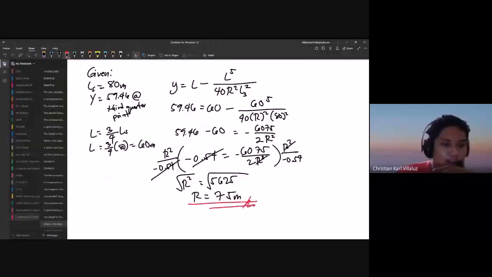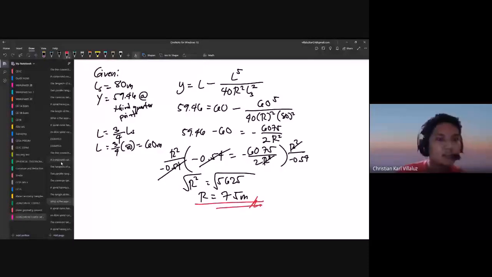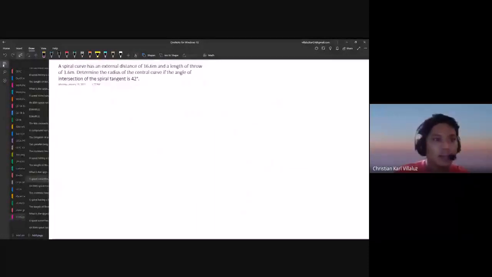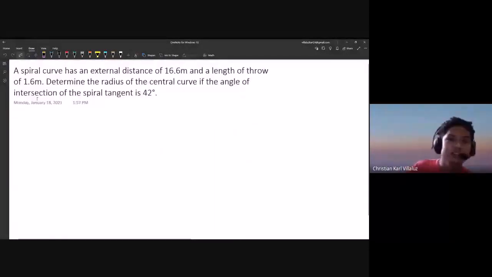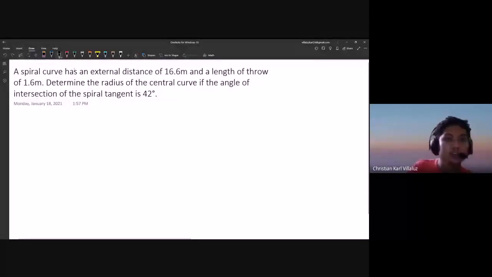Next. Spiral curve has an external distance of 16.6 meters and the length of throw of 1.6 meters. Determine the radius of the central curve if the angle of intersection of the spiral tangent is 42 degrees.